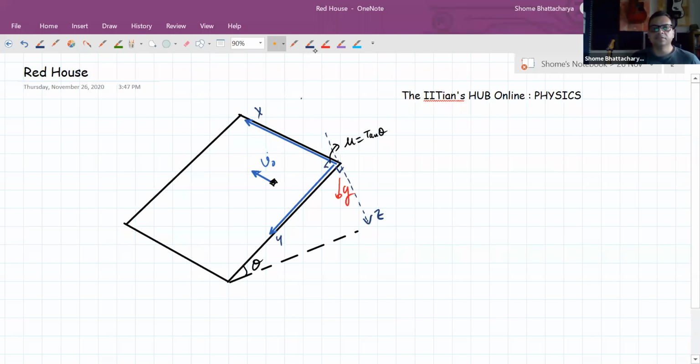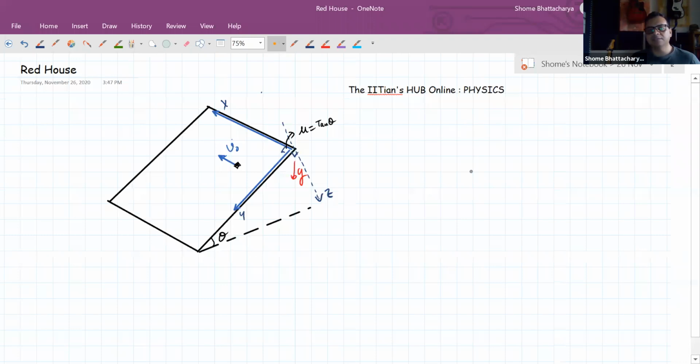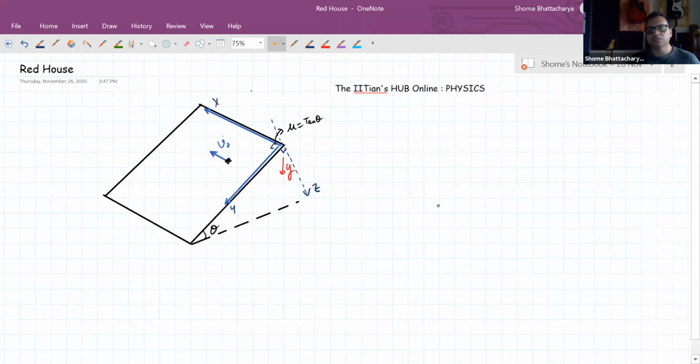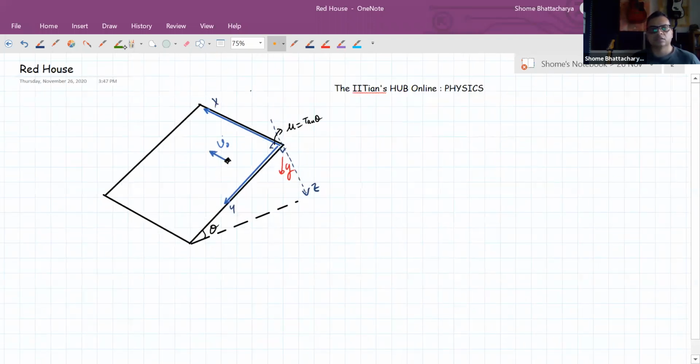So I will draw the diagram in two separate planes now. I'll redraw this diagram in the yz plane. If I see from this side, the same diagram will look like this.